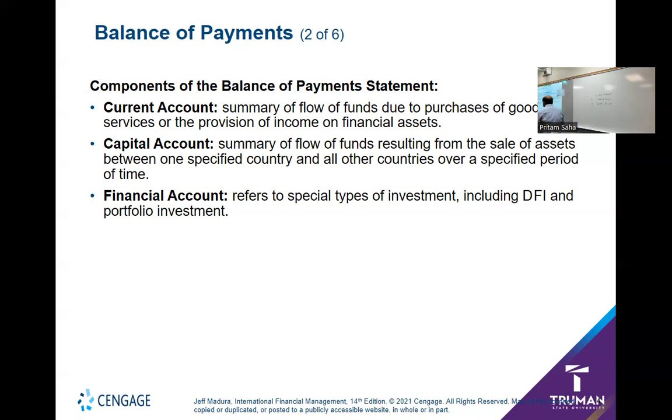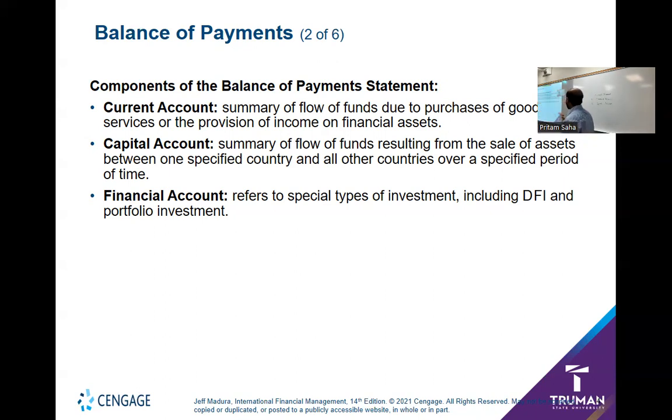Capital account is basically a unique type of financial account. Let's say you have a business outside of USA, and now you want to sell that asset because you want to transfer from one country to another. Or let's say you have some sort of financial asset, and you want to sell this because of a transfer, or you have a copyright or a patent, and you want to sell this.